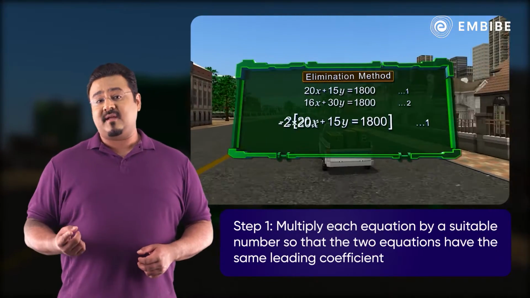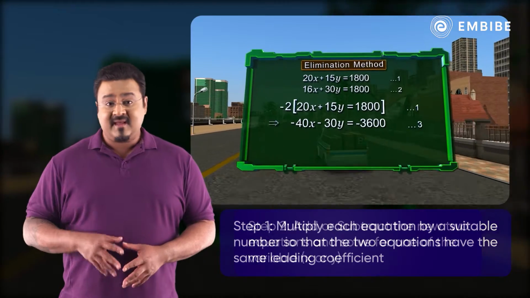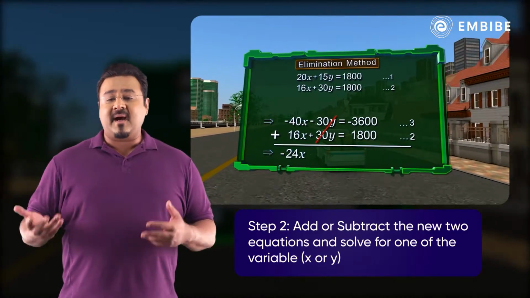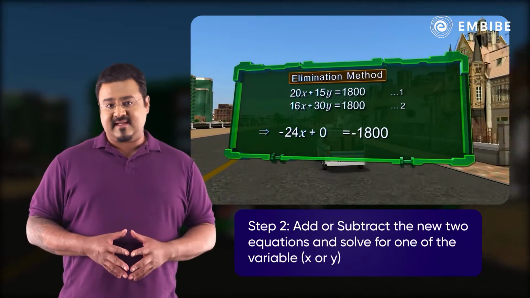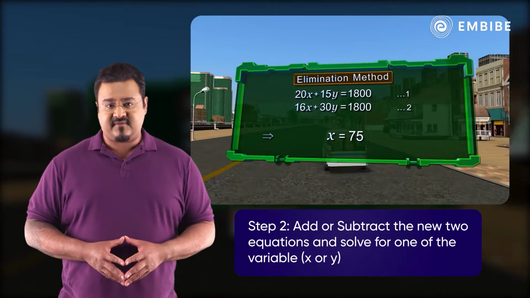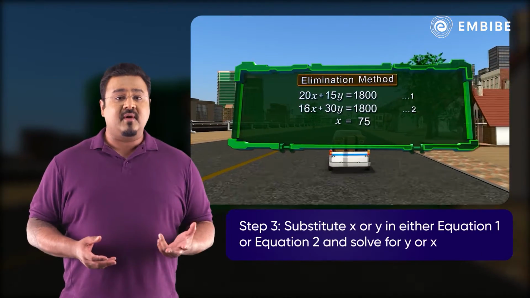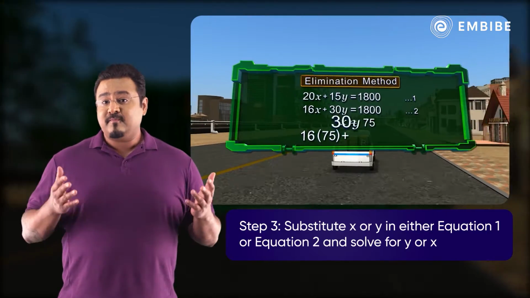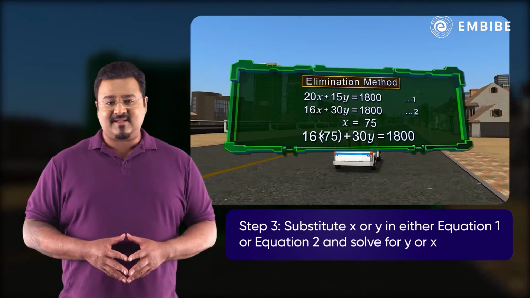Multiplying equation 1 with minus 2, we get equation 3. Adding equation 2 and equation 3, we get minus 24x is equal to minus 1,800. So, x is equal to 75. Substituting this value of x in equation 2, we get 16 multiplied by 75 plus 30y, which is equal to 1,800.